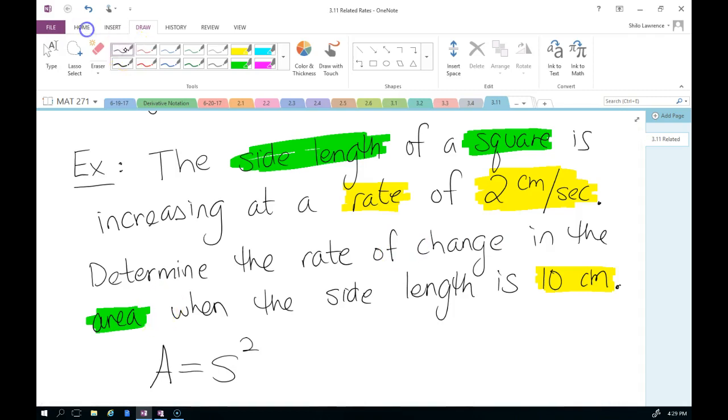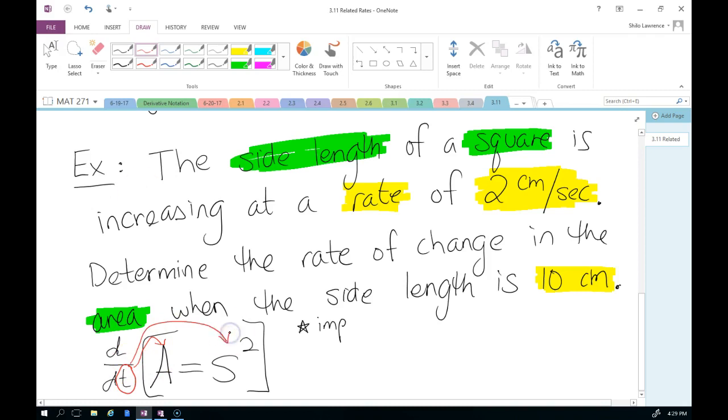So that tells me I need to differentiate with respect to t. Now this is going to be an implicit derivative. Anytime you are taking a derivative of a variable that does not match the variable in the problem, it's considered an implicit derivative.